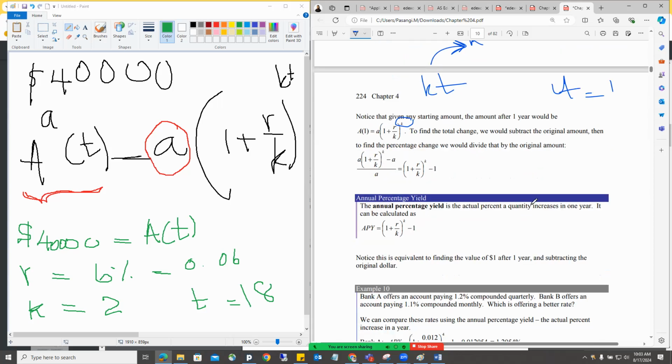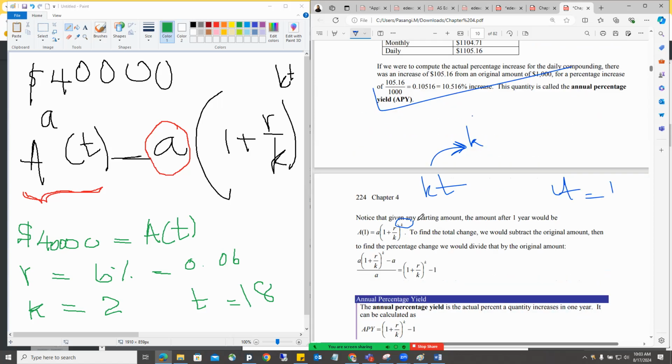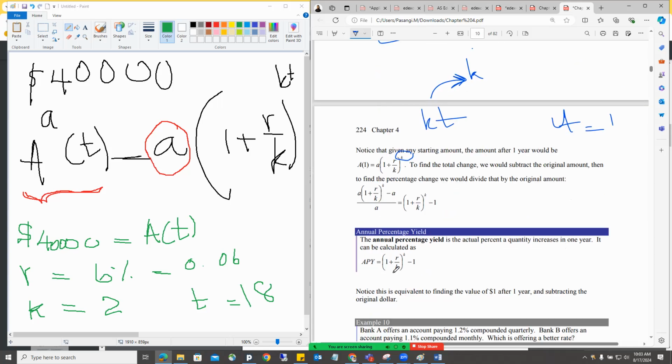So it's clear, right? To find the APY, the annual percentage yield, what we have to do: the annual percentage yield is the actual percent a quantity increases in 1 year. It can be calculated per year, how much it was increased.